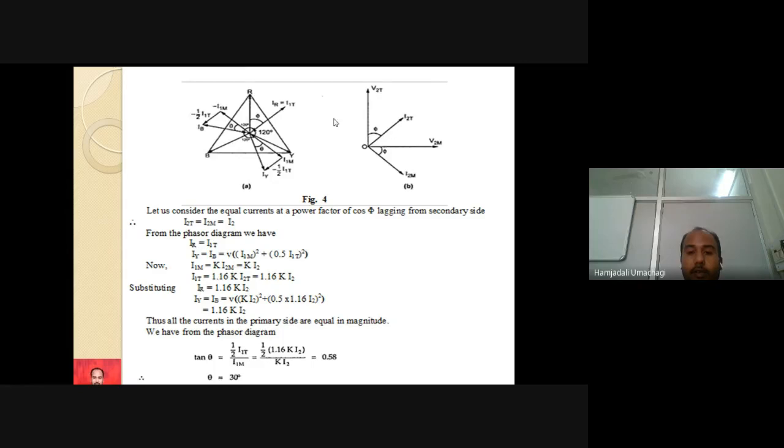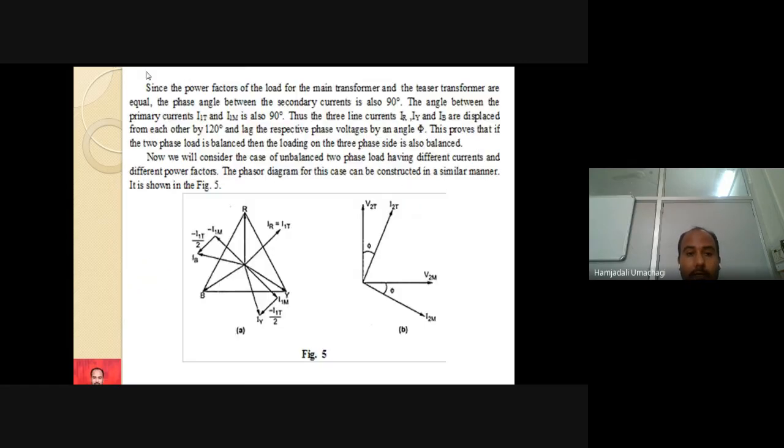Then these are the phasor diagrams, input side, output side, and write all the formulas. And here, till tan theta equals 0.5, theta equals 30 degrees, you can write till this condition. This proves that if the two-phase load is balanced, then the loading on the three-phase side is also balanced.